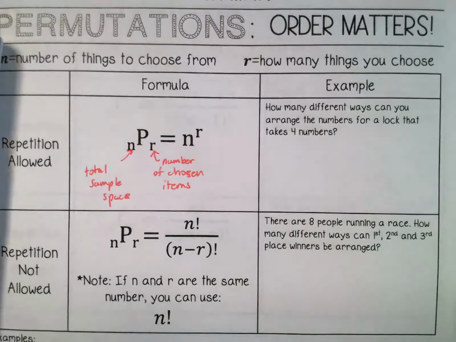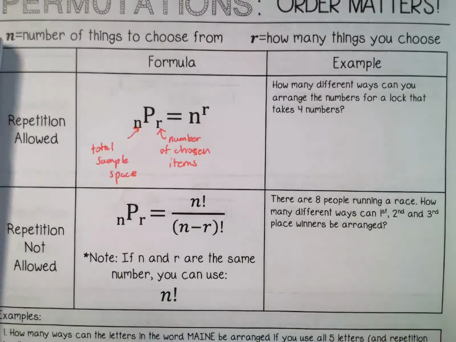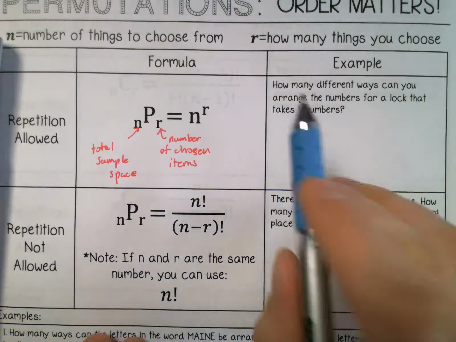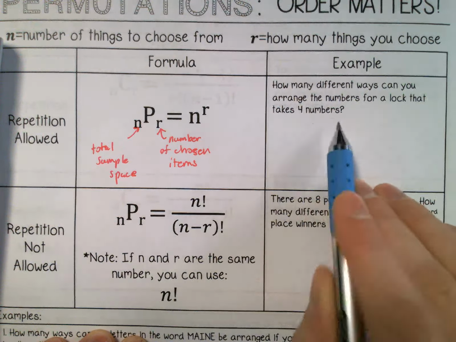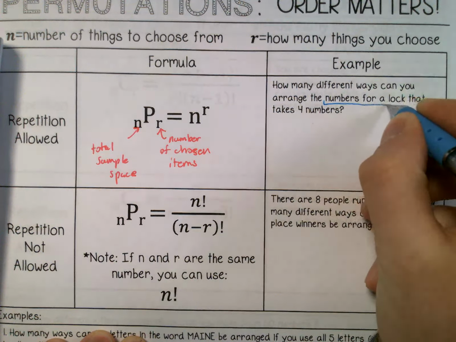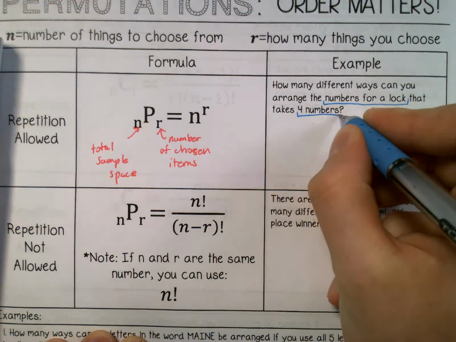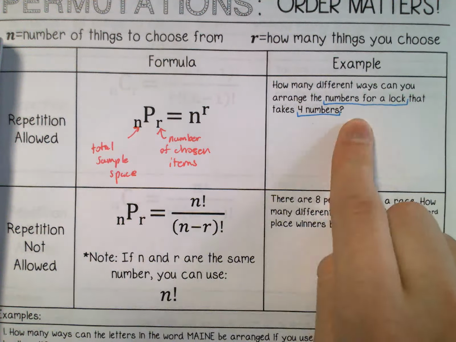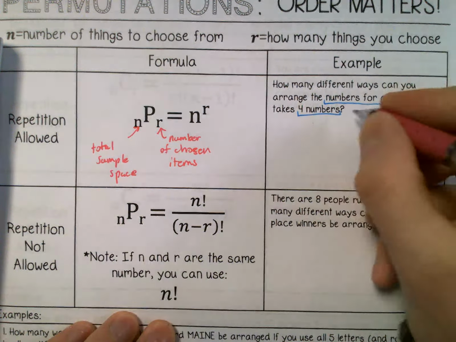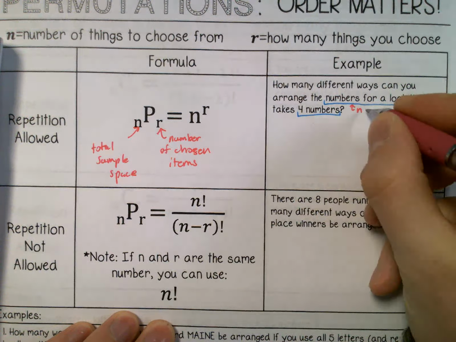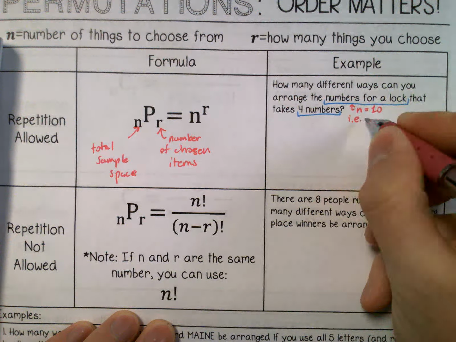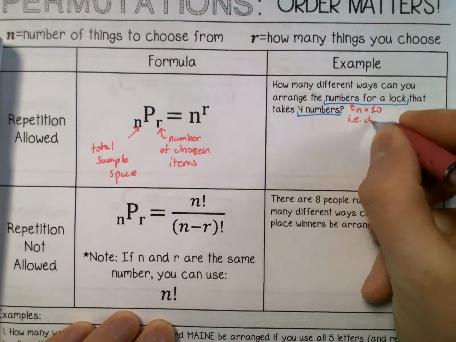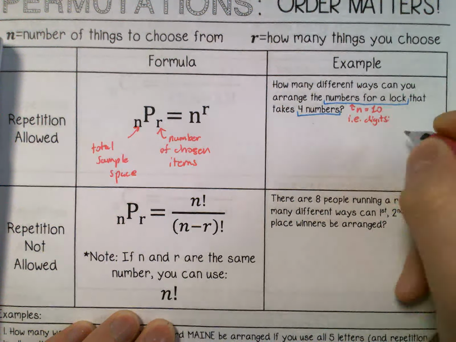All right. Now, let's take a look at an example of this. In this first one here, we have how many different ways can you arrange the numbers for a lock that takes 4 numbers? Okay, well, we have numbers for a lock, and we have 4 numbers. Now, this right here is your N value. Okay? And it's going to be equal to 10 because we're looking at digits, right?